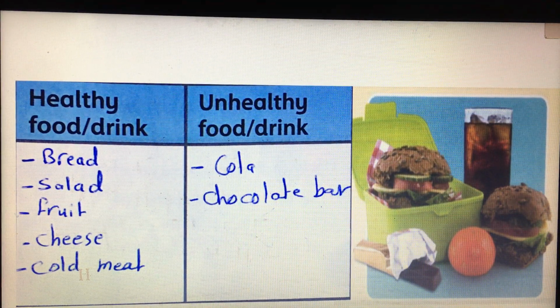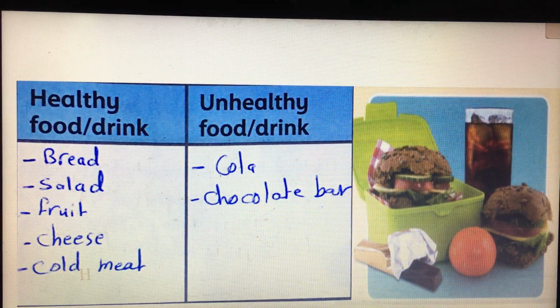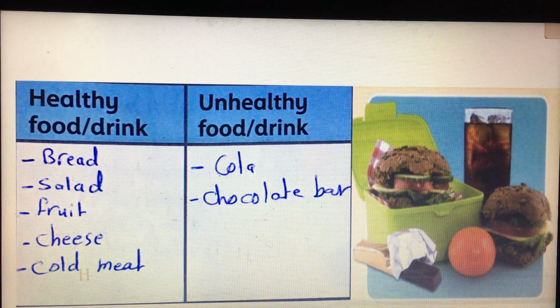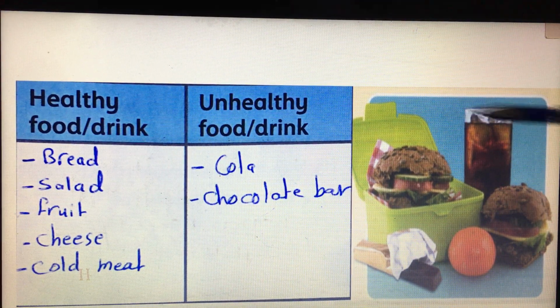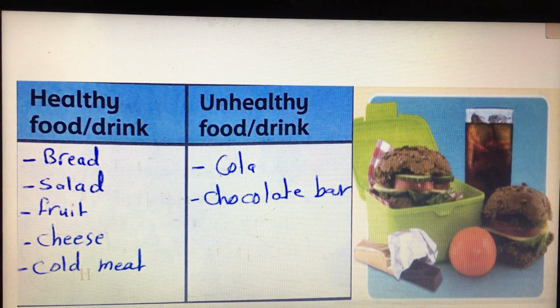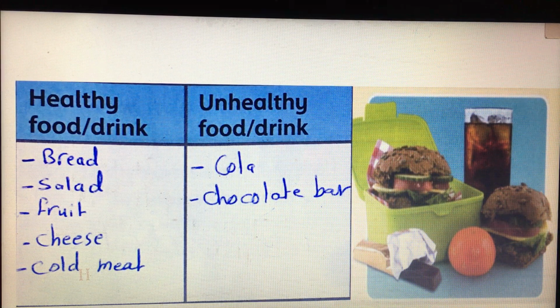Those are healthy foods. But in unhealthy food or drink, we have cola, unhealthy drink, and also we have chocolate bar. So please complete the table in your book. Unhealthy foods.